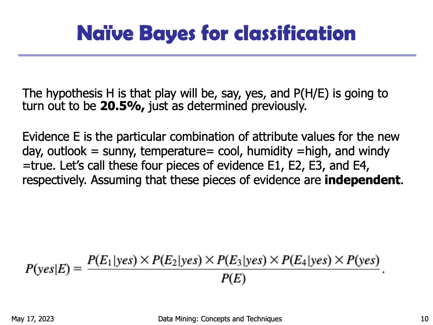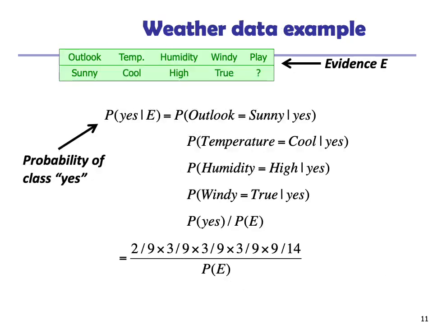We multiplied all the fractions of probabilities because we assume they're equally important, and then at the end we put the overall likelihood. So it's the same thing. So now you can see that we did apply the Bayes rule to calculate the likelihood to classify the new day, which is the evidence.